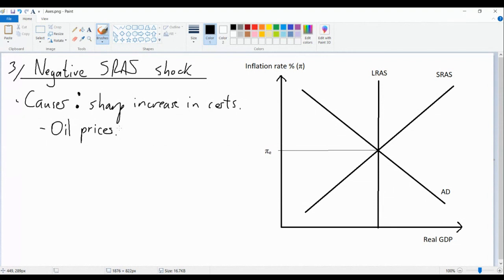But there are plenty of other reasons why. I mean, the reason the oil price increase affects supply negatively is because it's an important cost. So what we're really looking at here is increases in input prices more generally. Okay, it could be the cost of energy, but it could equally well be something else.